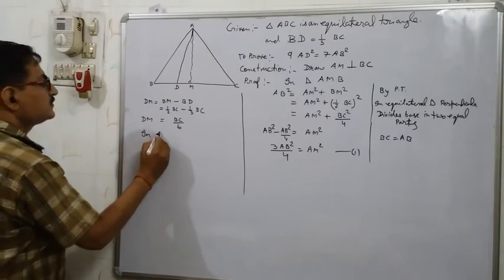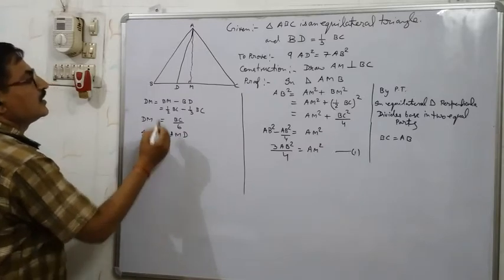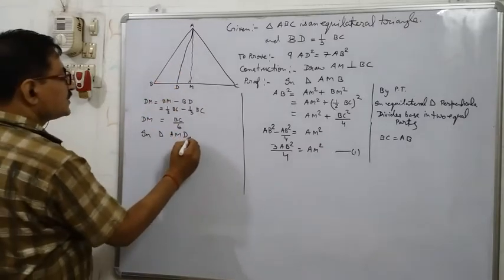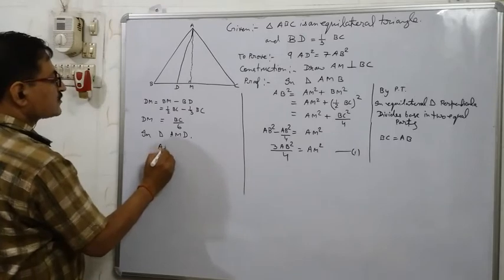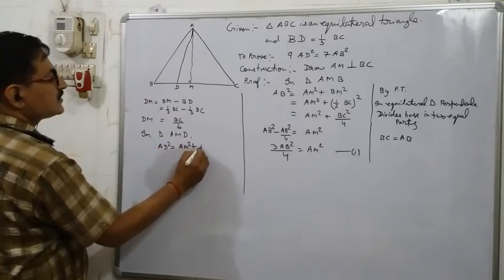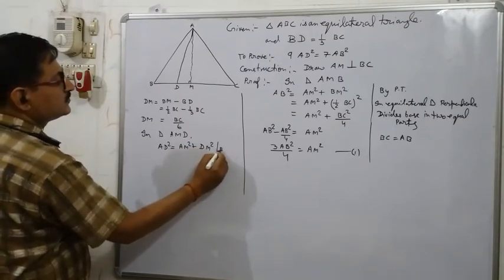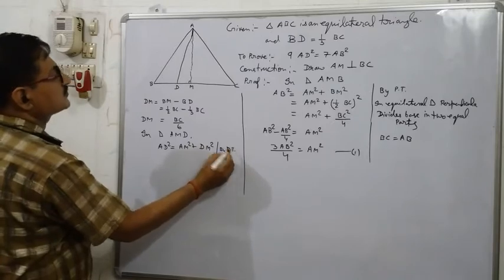In triangle AMD, this is the right triangle, so by Pythagoras theorem we can write AD square equals AM square plus DM square. There is no problem.